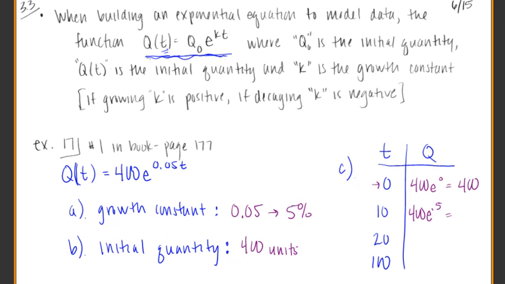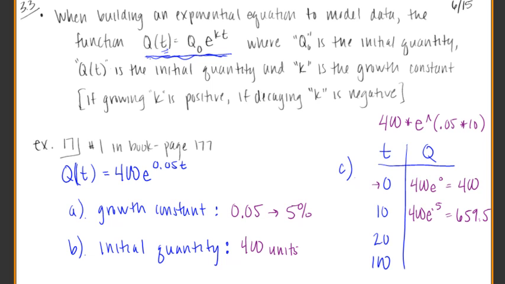In your calculator, you would type 400, then times, and you hit second ln, and it sets it up for you. Then all we're going to put in there is either 0.5, or if you want to do what the function says, 0.05 times 10. Either way, you'll get 659.5.